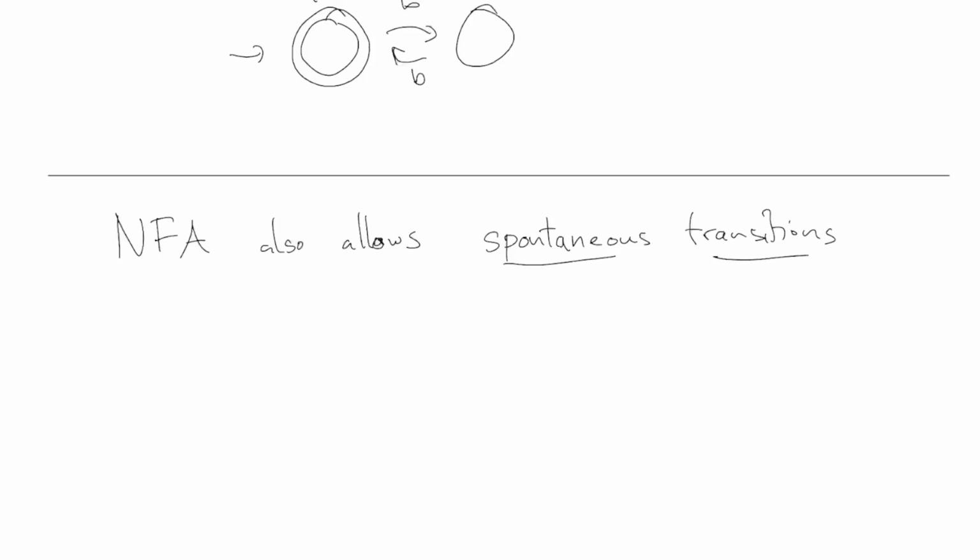That is a transition which does not use any letter from the input string. These are colloquially referred to as epsilon transitions, because we write them using the epsilon, which represents the empty string, right? So this is a transition which uses no letter.